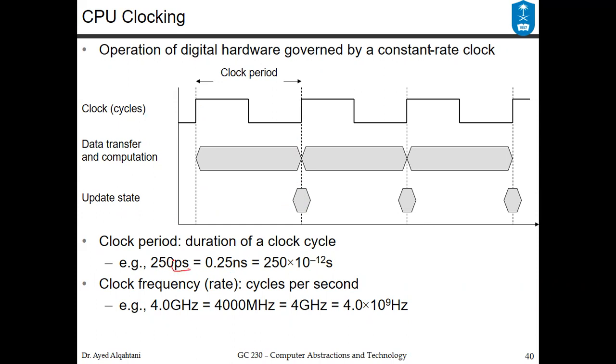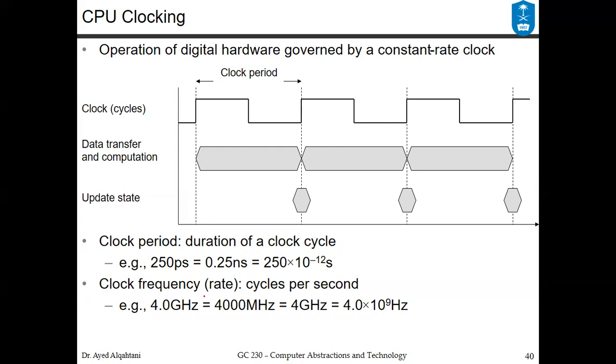250 picoseconds. Pico is 10 to the power of minus 12. Or you could say it is 0.25 nanosecond, which is equal to this amount. Nano is 10 to the power of minus 9. Now, the clock frequency is usually what is given to you with any processor. They say that this processor has this clock frequency.